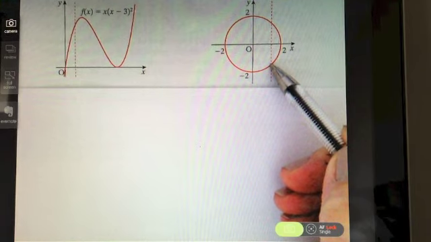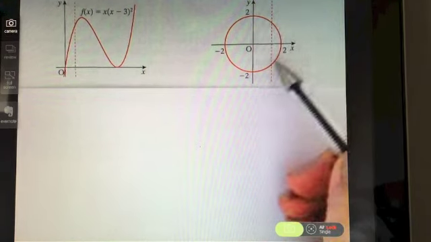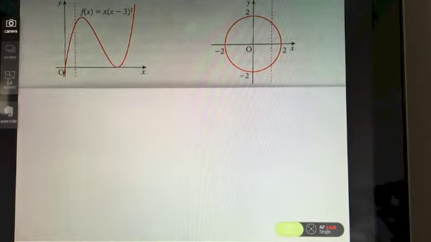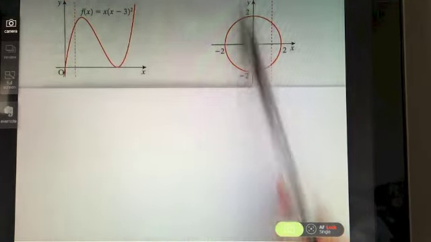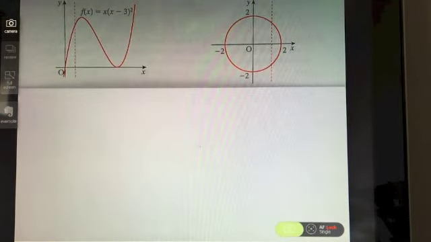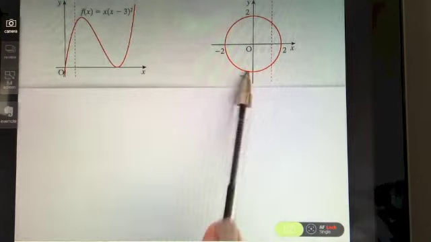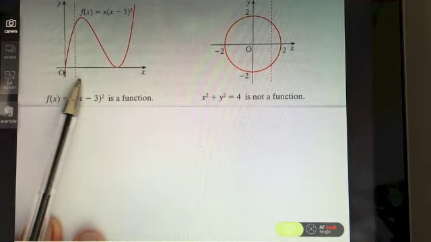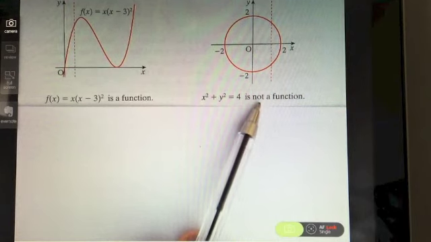And we cannot have that. One input cannot produce two outputs. So a vertical line test, where you put that vertical line anywhere on the graph and you see that it cuts more than once, you know that therefore is not a function. So this one is a function, but this one is not what we would call a function.